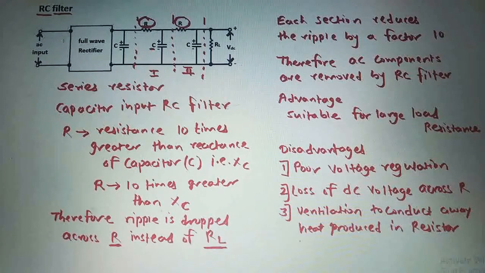So the third disadvantage of RC filter is that adequate ventilation is required to conduct away the heat produced in the resistor. So these are the disadvantages of RC filter.